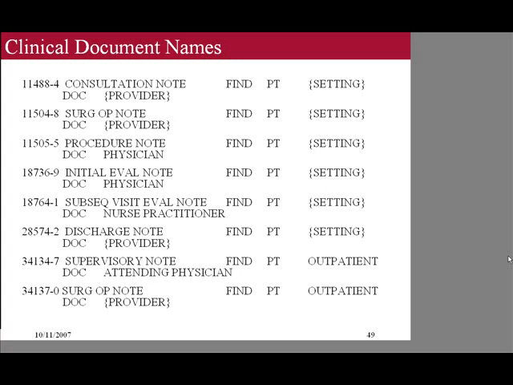And if it was important to you to know whether this was a physician consultation or a nurse consultation, or maybe it's even a chaplain or somebody, you would send that as a separate part. You can see down here that the fourth item says this is an initial evaluation by a physician, and the fifth item is a subsequent visit by a nurse practitioner.